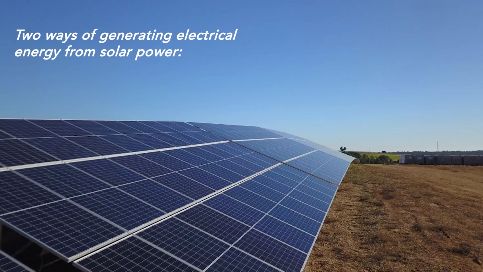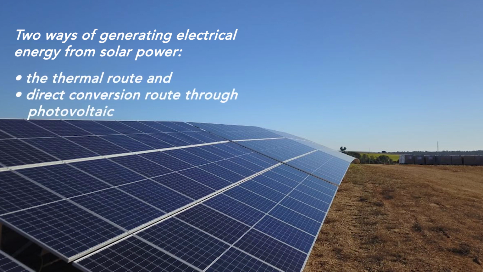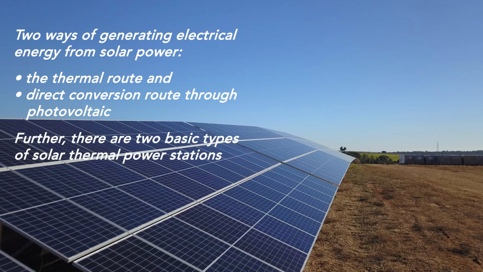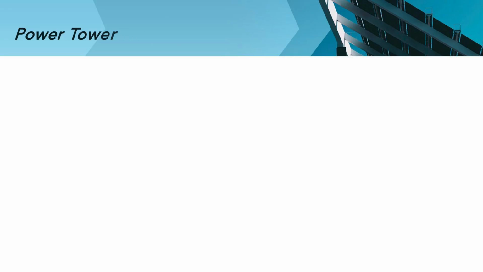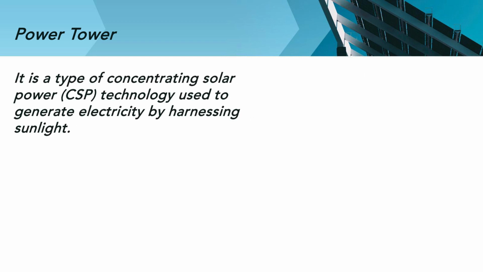There are broadly two ways of generating electrical energy from solar power: the thermal route and the direct conversion route through photovoltaics. Further, there are two basic types of solar thermal power stations: power tower and parabolic trough collector. Power towers, also known as solar power towers, are a type of concentrating solar power technology used to generate electricity by harnessing sunlight.